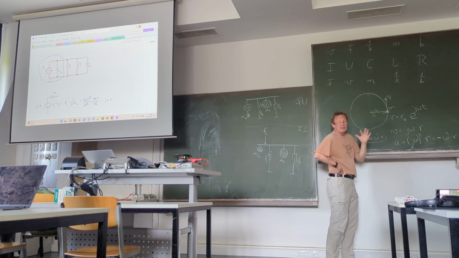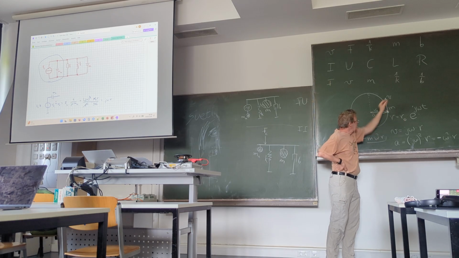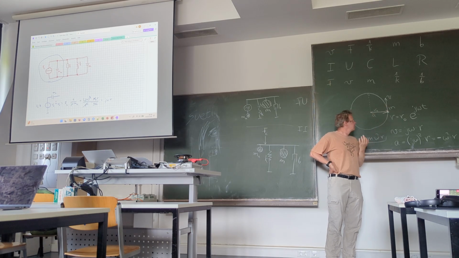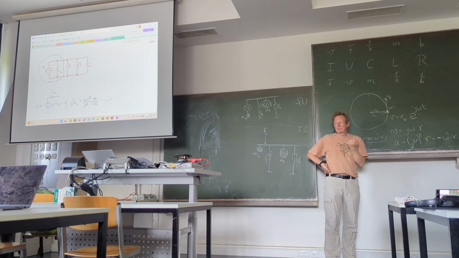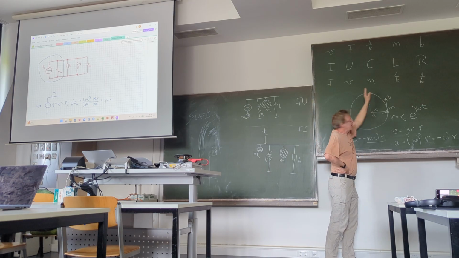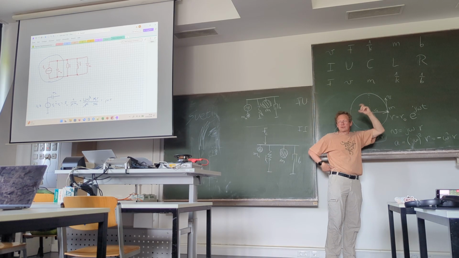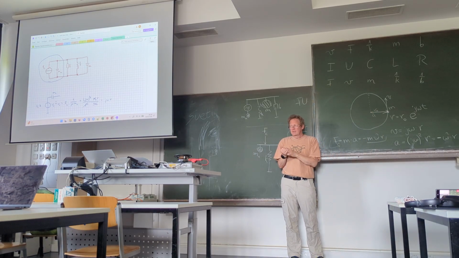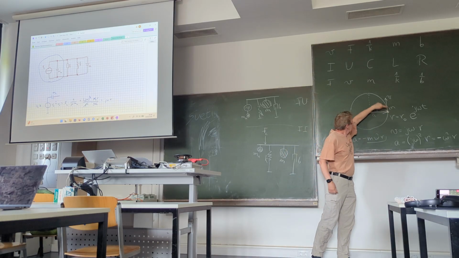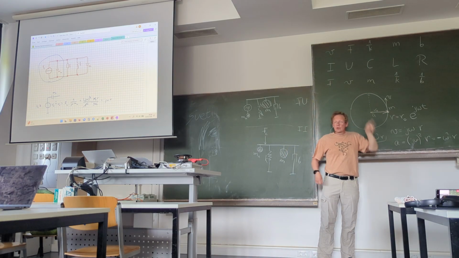So the change here is maximum. So if the position is 0, we have a maximum of the velocity. If the mass is up here, it moves just horizontally, then the velocity is 0, but we have a maximum of the vertical position. So obviously there is a phase shift, and this is always 1/4 of the total revolution.